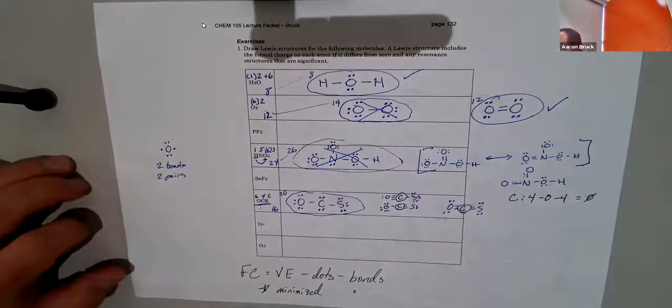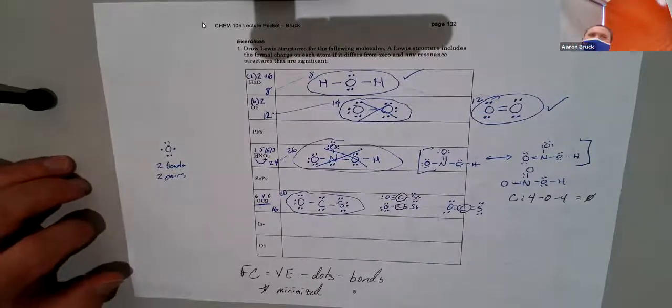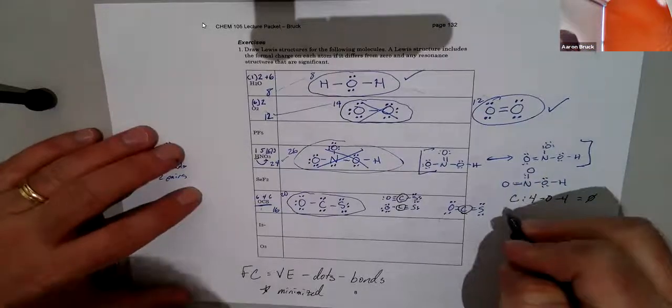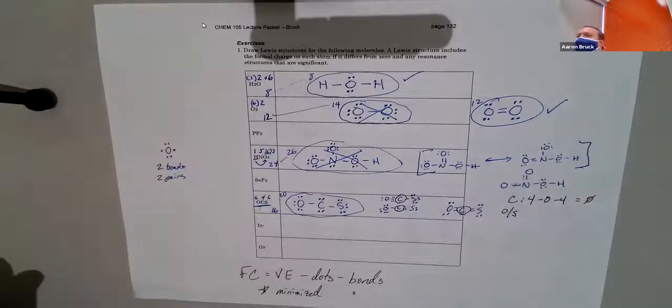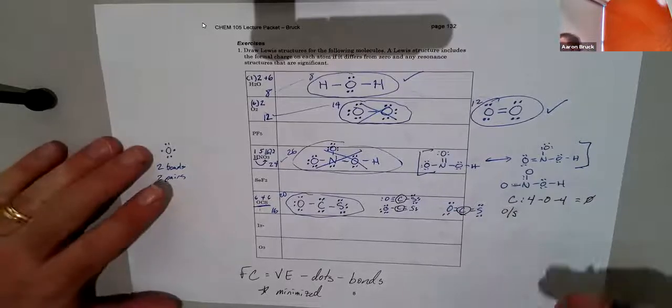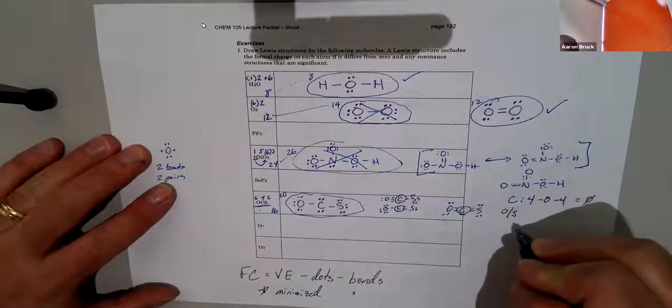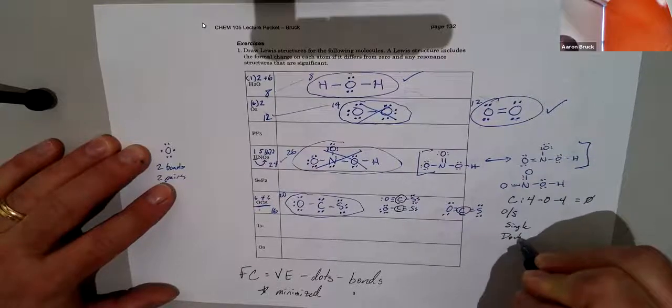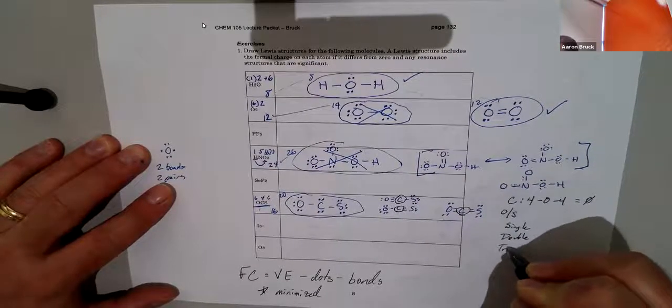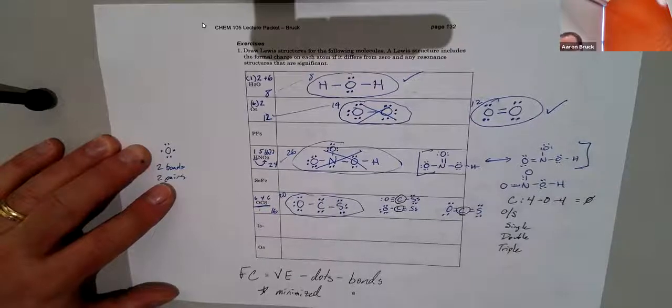Now, oxygen and sulfur are both in the same group. They both have 6 valence electrons. Their formal charge, therefore, is going to be based upon whether they have a single bond, a double bond, or a triple bond.